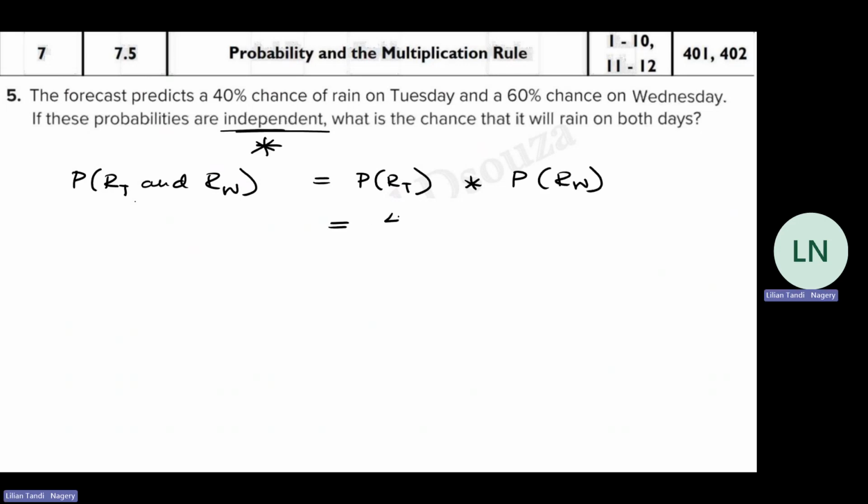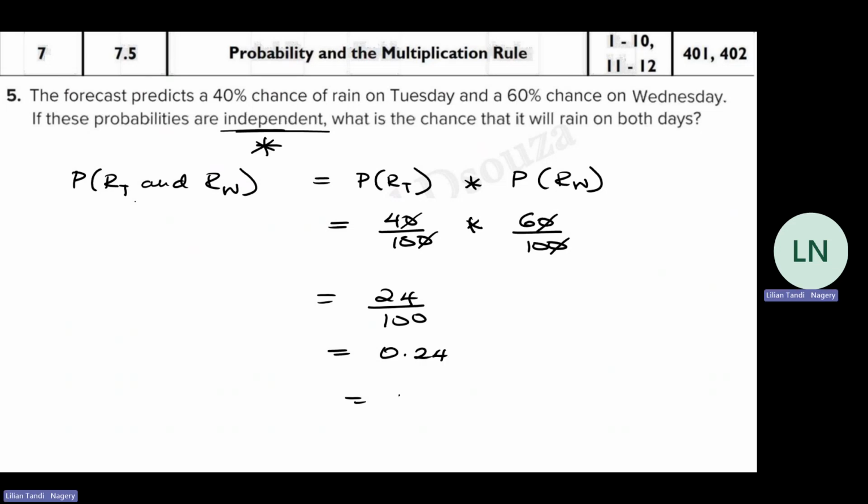So that will be 40 over 100 times 60 over 100. This goes with that. This goes with this. 24 over 100. And that gives me 24 hundredths.